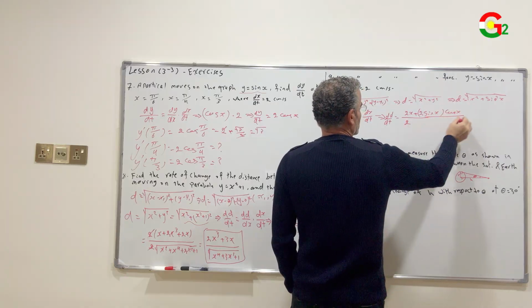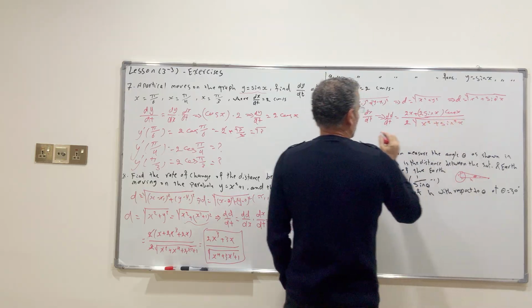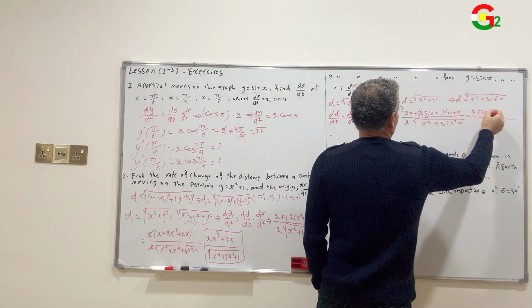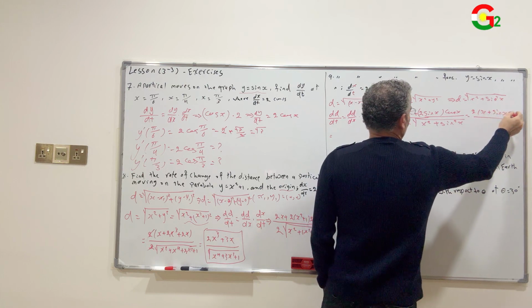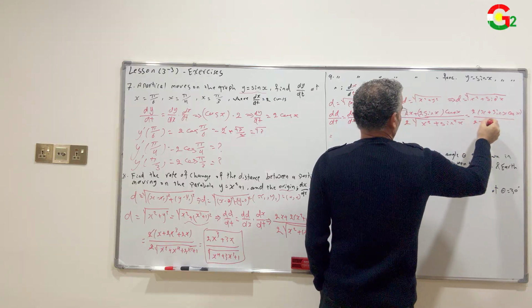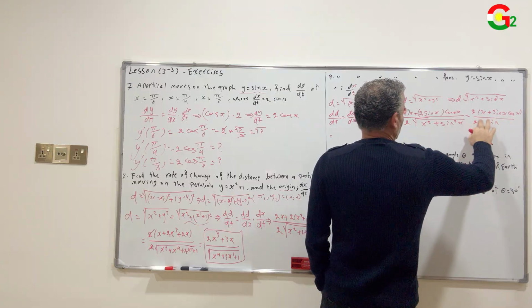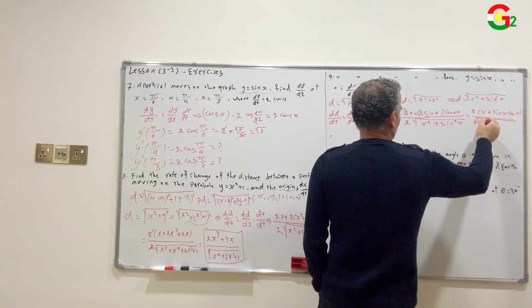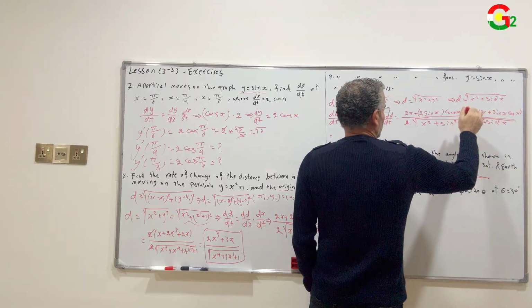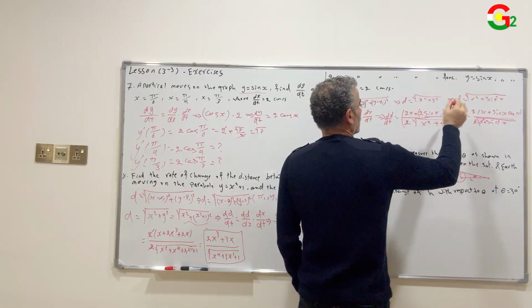over 2 square root of x power 2 plus sine square x. Factorize the numerator by 2: 2 times (x plus sine x cosine x) over 2 times the square root of x power 2 plus sine square x, times dx over dt, which we forgot, and it is given.